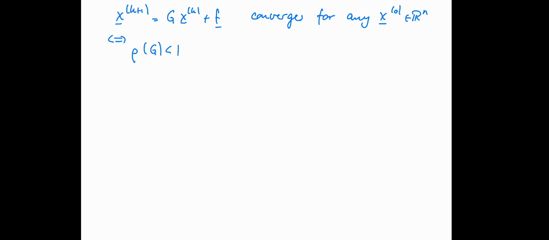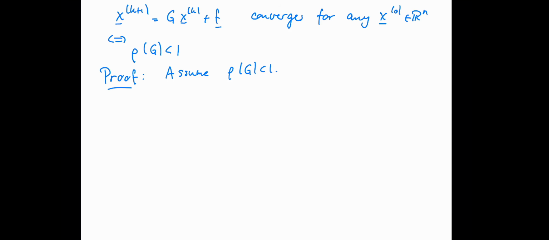So what I'm going to prove is not both sides of the equivalence, but the interesting bit, what I consider the interesting bit. So I am going to assume that the spectral radius is less than 1, and then I will show convergence.